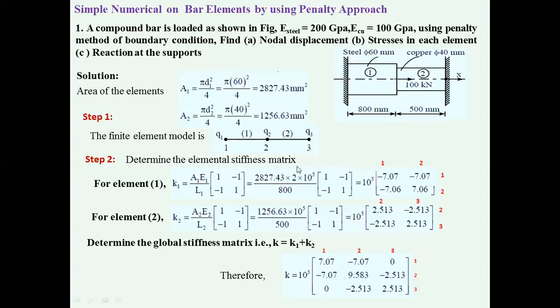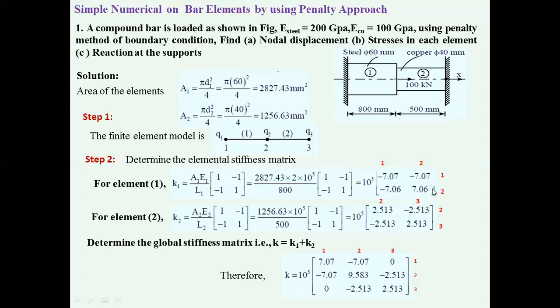After simplification, we get 7.07 into 10 to the power of 5. I will keep 10 to the power of 5 outside and put 7.07 inside.